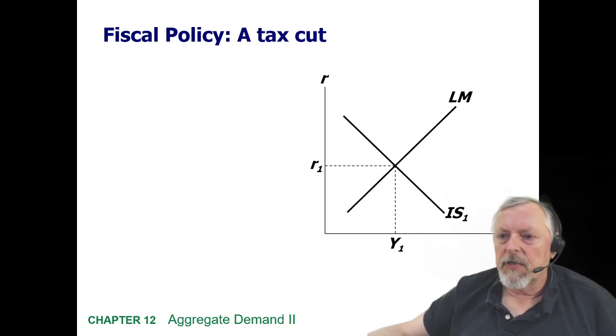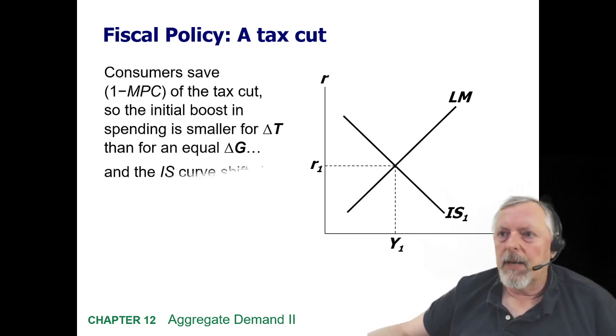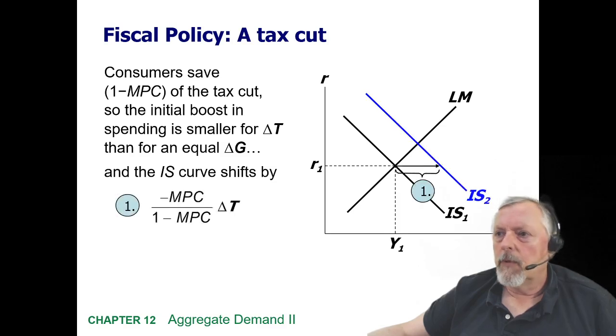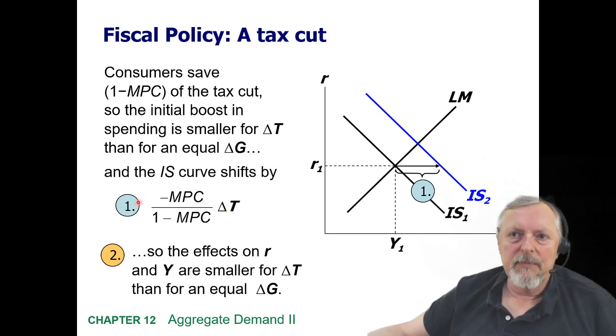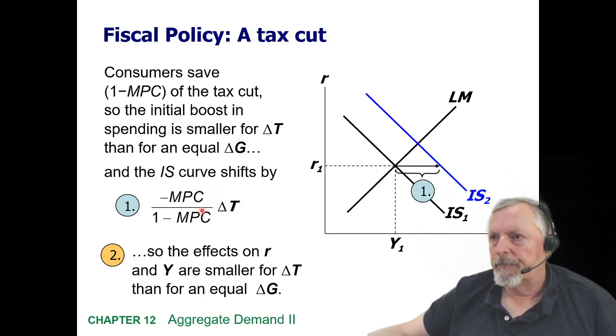The difference is the magnitude of the effect. A change in taxes of this amount, delta t, causes the IS curve to shift right by delta t times this. This is the tax multiplier.